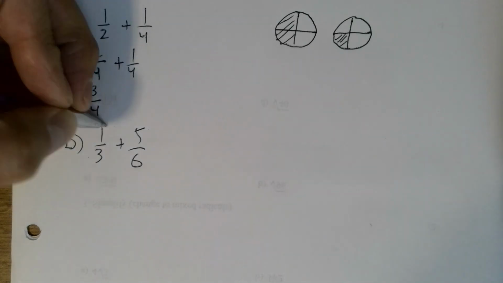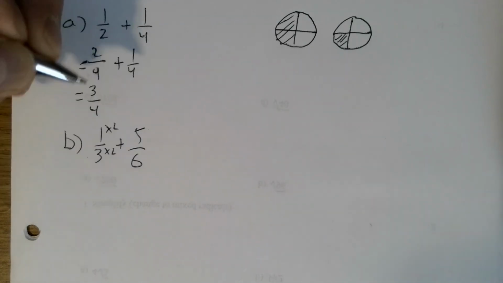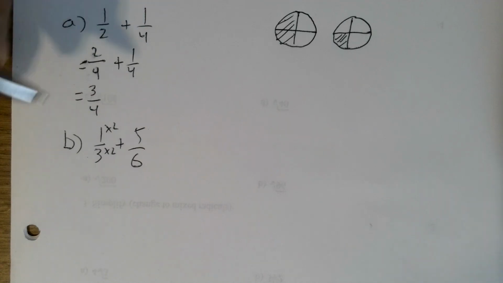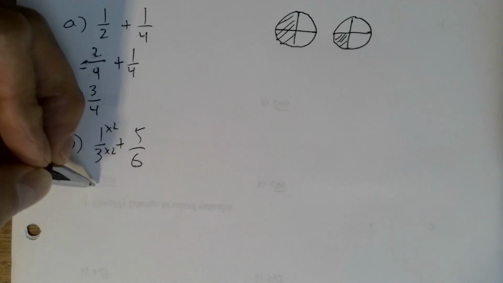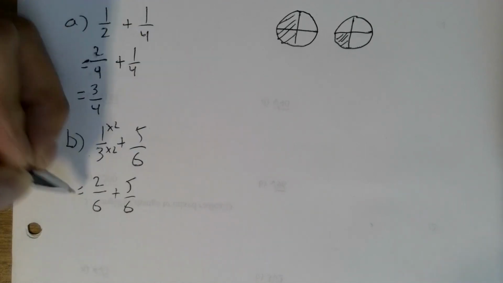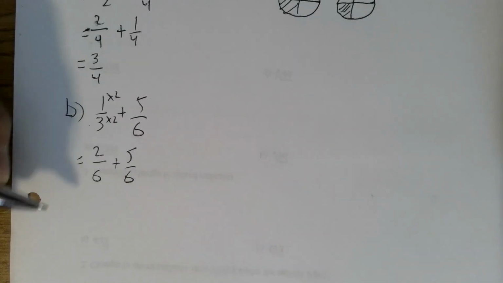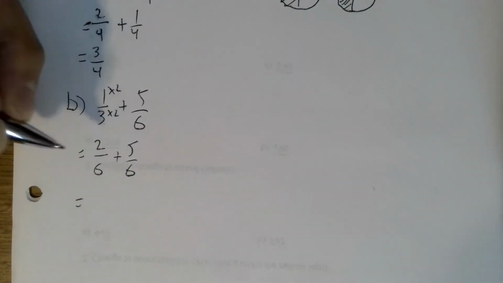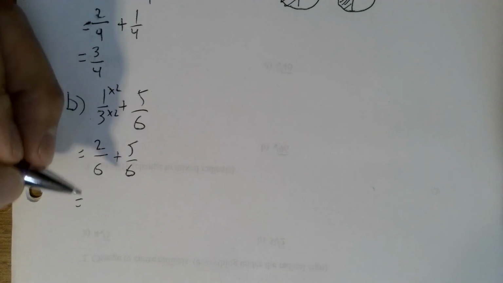So I can multiply top and bottom here by 2. That would be like getting out the pizza cutter and making all the slices half as big. And that gives me 2 over 6 plus 5 over 6. Equals the line above. 2 slices plus 5 slices is going to be 7 slices of 6-slice pizza.